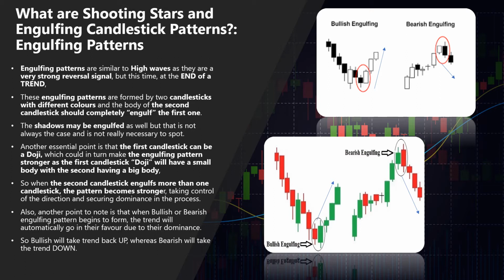Okay, let's see on the right hand side of the screen. One is a downtrend market, and then a bullish engulfing pattern is here, circled. The bull candle is green, which is bigger than the bear candle, which is red and smaller.